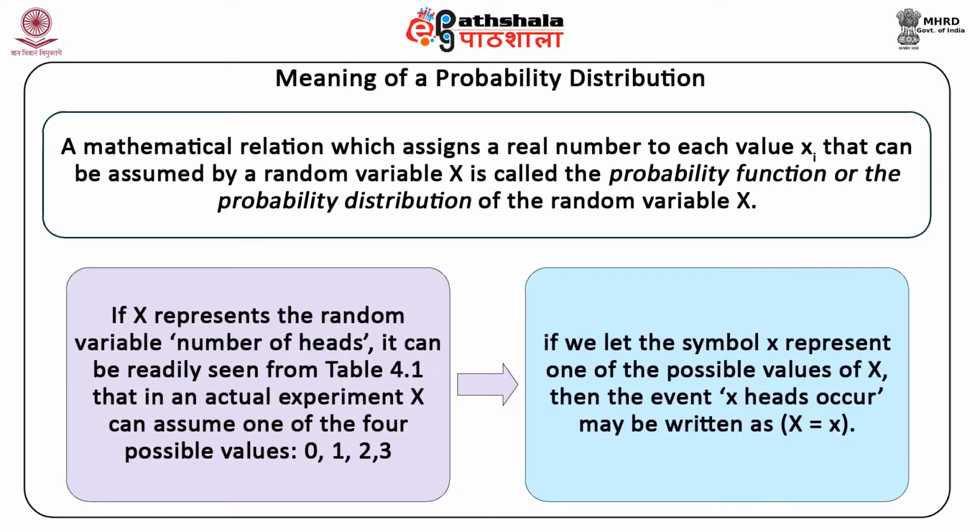Thus, if we let the symbol x represent one of the possible values of X, then the event x heads occur may be written as capital X equal to small x.